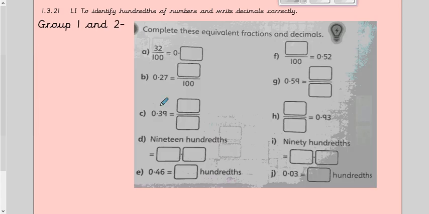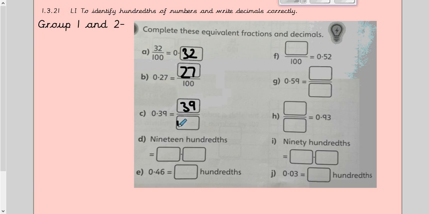For group 1 and 2, 32 hundredths is 0.32. 0.27 is 27 one hundredths. 0.39 is 39 hundredths. 19 hundredths is 0.19. 0.46 is 46 hundredths. I think you were expected to write that out for that one.